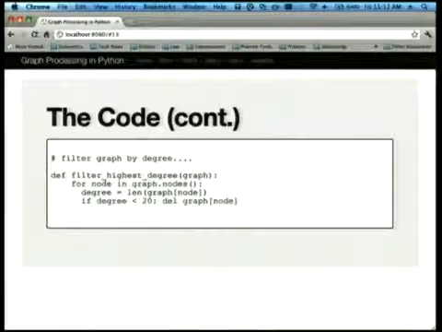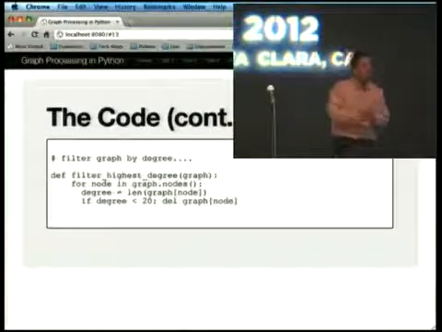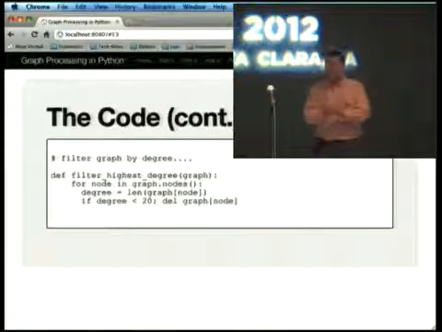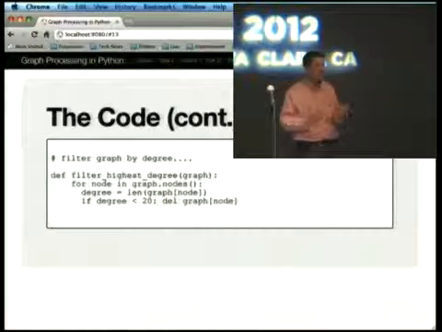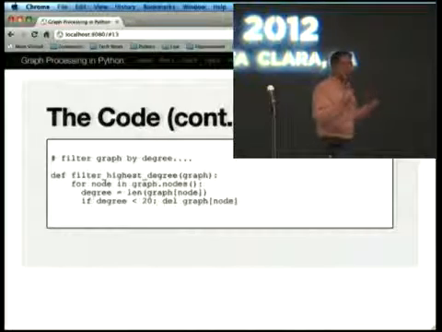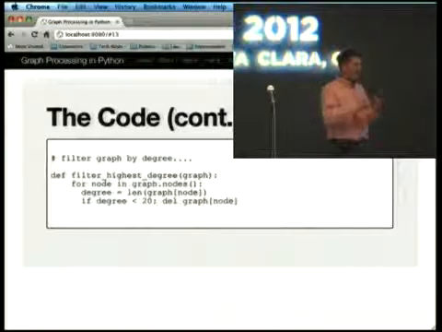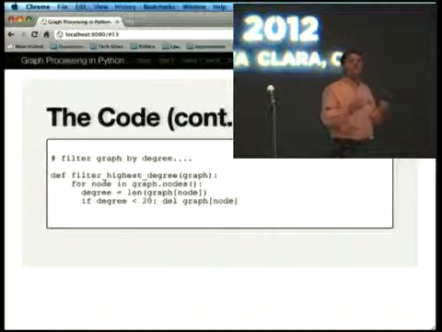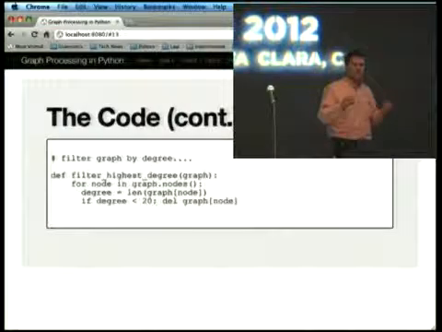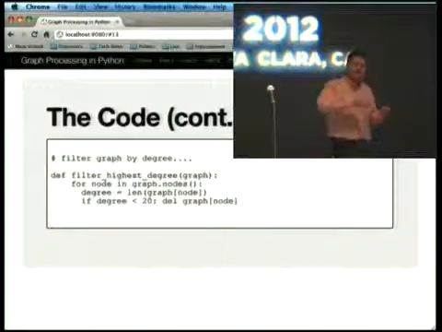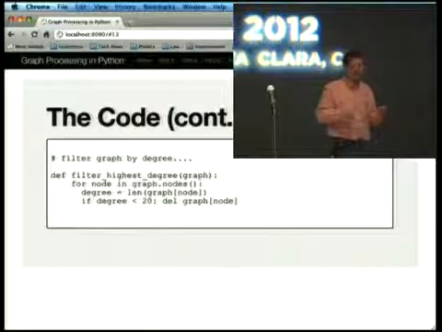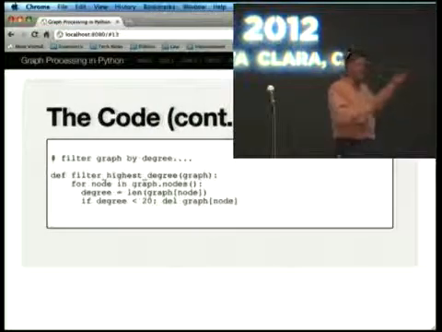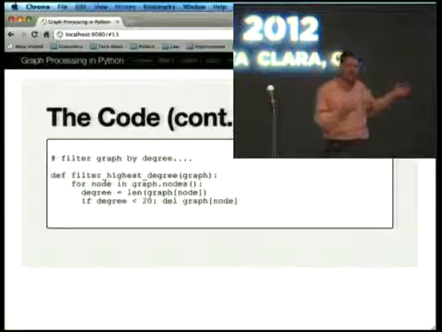There's a natural mapping between the degree of a particular node and how popular it is and what you're doing. The degree of a node is basically the number of edges going in and out of it. If something has high degree in this particular model, it's going to be very popular.